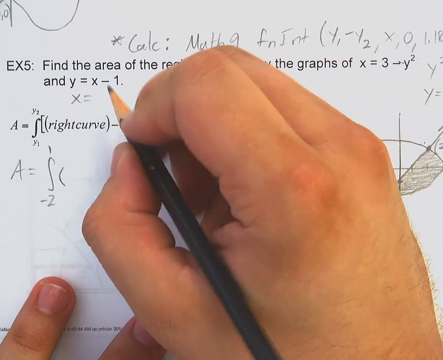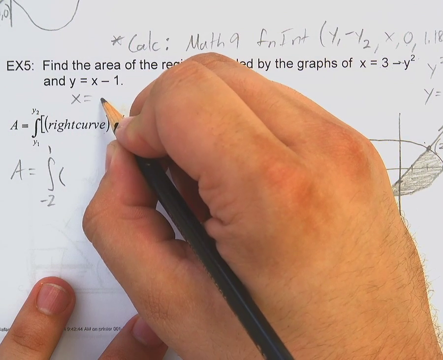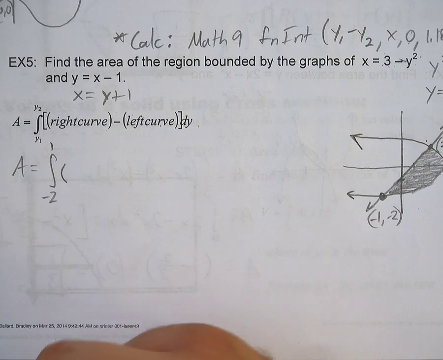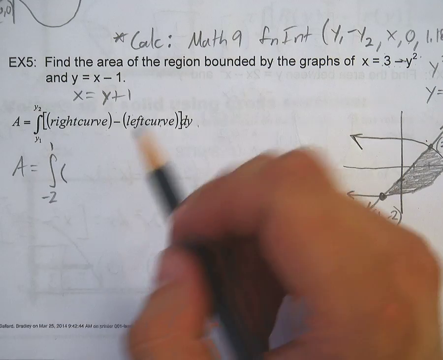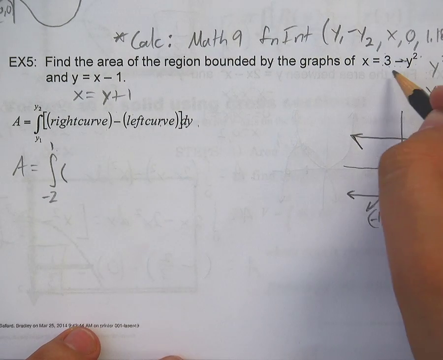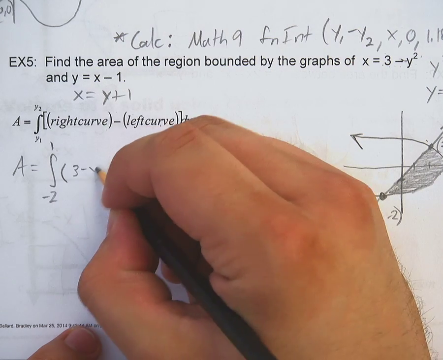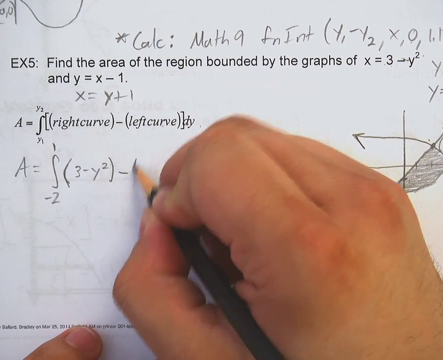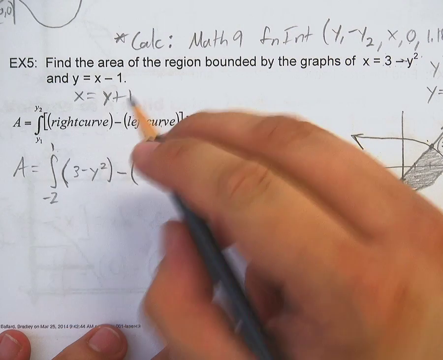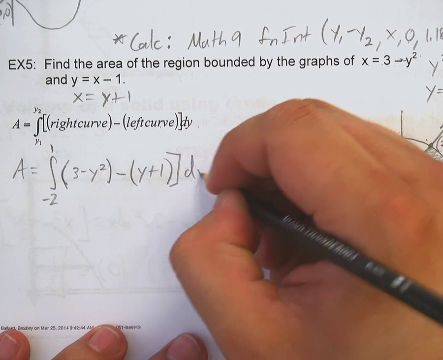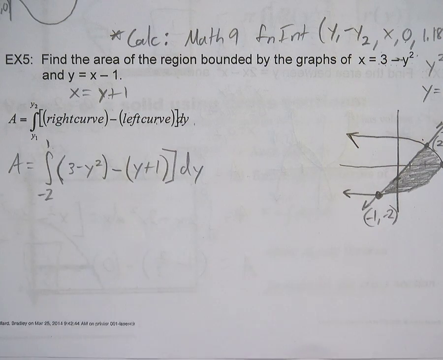X is going to be y plus 1. So I'm going to integrate with respect to y, using my y values. My right curve is 3 minus y squared, minus my left curve, y plus 1, dy. So everything is with respect to y now.